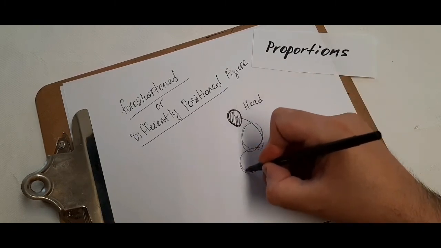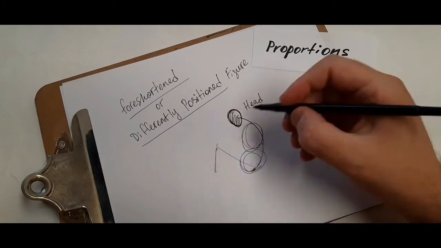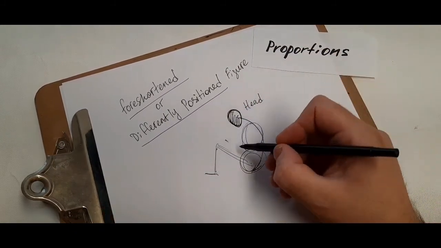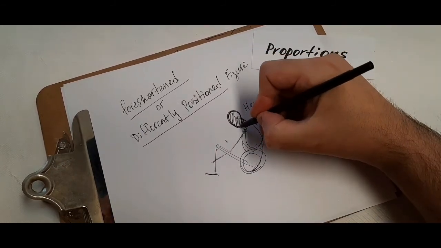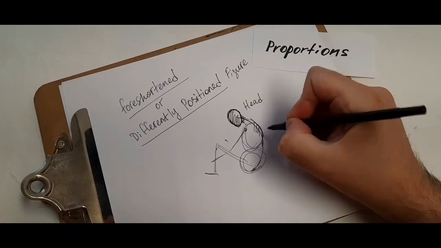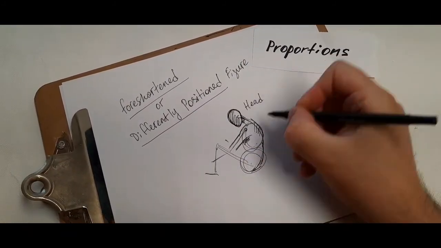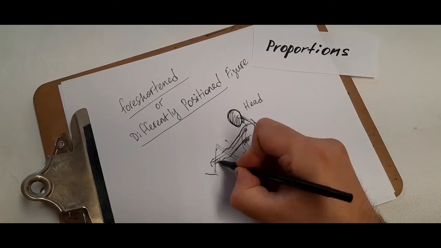It really does help to understand the most basic making, visual making of the subject, of the figure. So proportions vary due to change in position, posture.